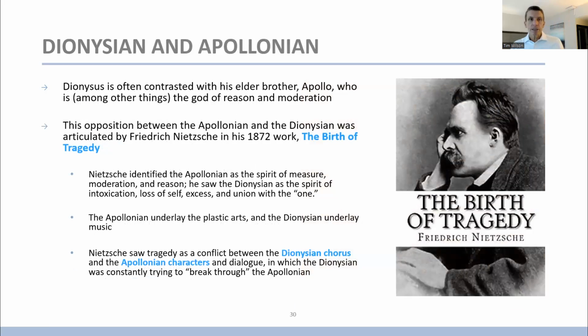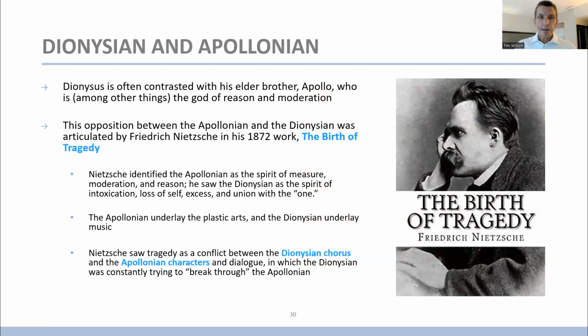And Dionysus is often contrasted with his brother Apollo, who's, among other things, the god of reason and moderation. And this opposition of the Apollonian and the Dionysian was first fully articulated by Friedrich Nietzsche in his seminal work, The Birth of Tragedy.